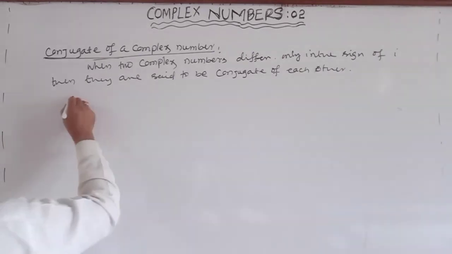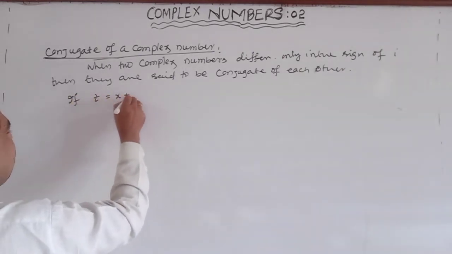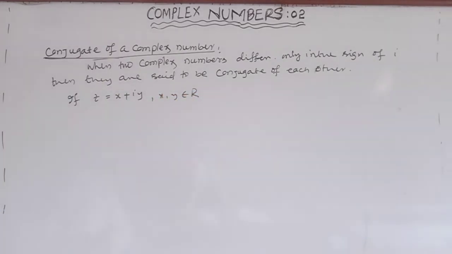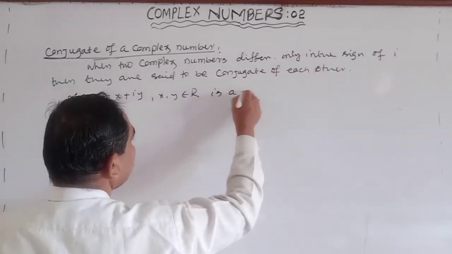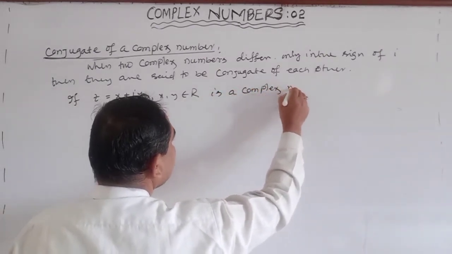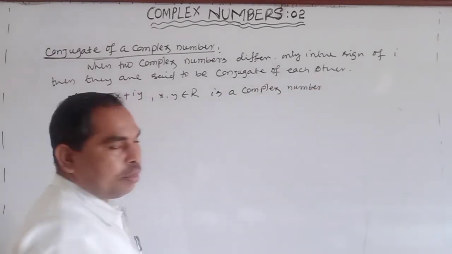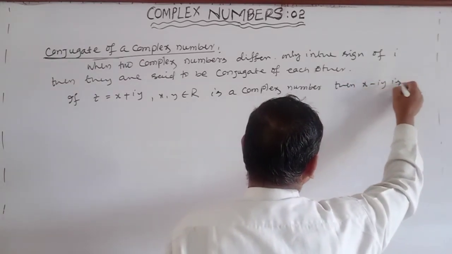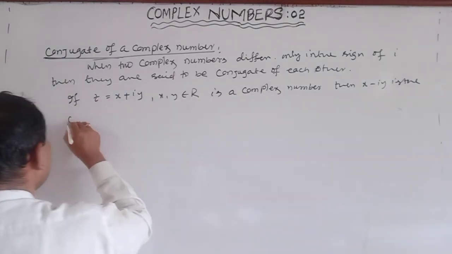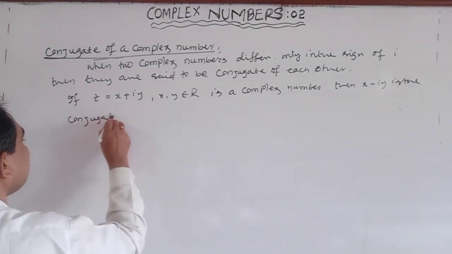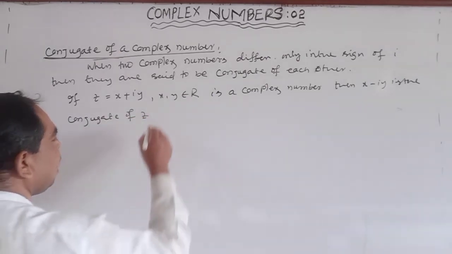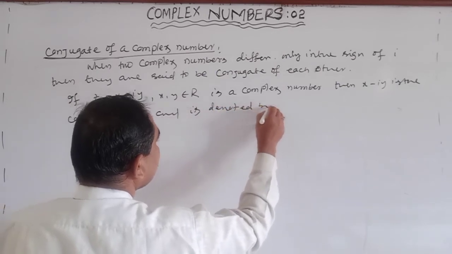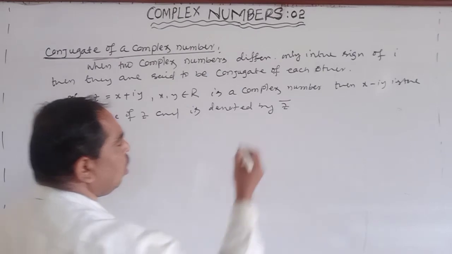If z is equal to x plus iy, x comma y belongs to the set of real numbers, is a complex number, then x minus iy is the conjugate of z and is denoted by z bar or z dash.